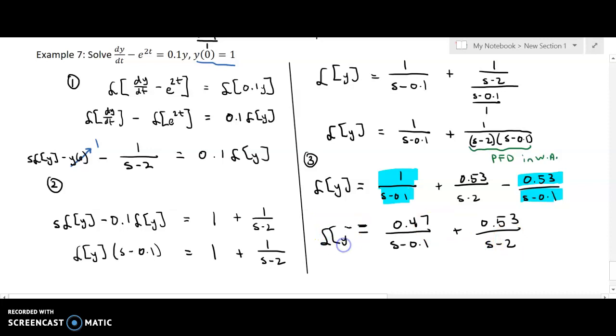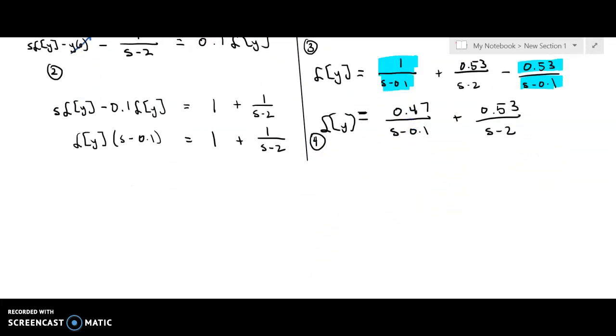Now I'm ready to invert both sides. This is my last step. So in my last step, I am going to take the inverse. Let's write out one more step. So the Laplace inverse of the left, and we have to do the same thing to both sides.